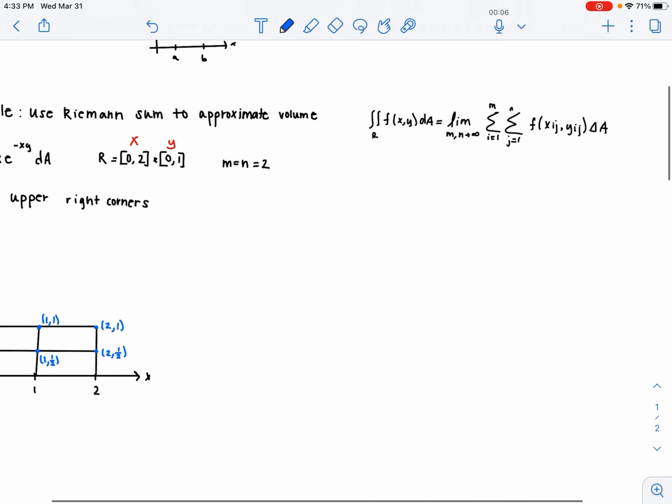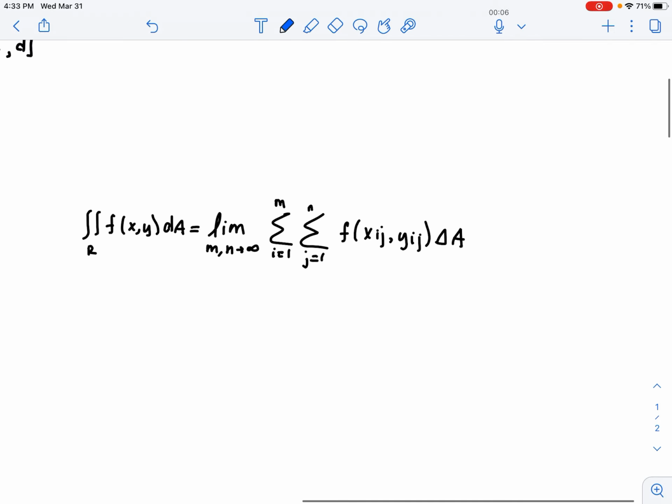The next thing we're going to do is, using this formula here, get an estimation of the volume. The exact volume can be approximated by the Riemann sum if we take the limit as m and n go to infinity.